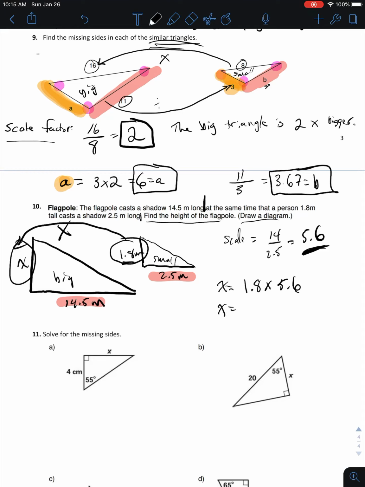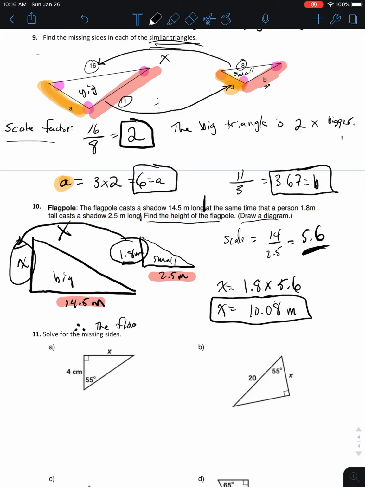My scale factor, multiplied by my side length on my little triangle, which means x is going to equal, figure it out, 1.8 times 5.8 is 10.44, sorry, 10.44 meters, right?